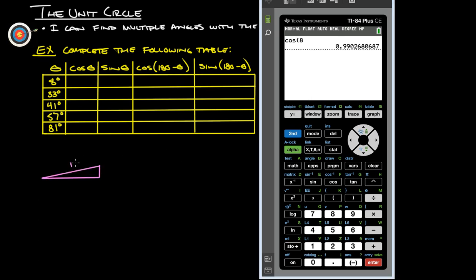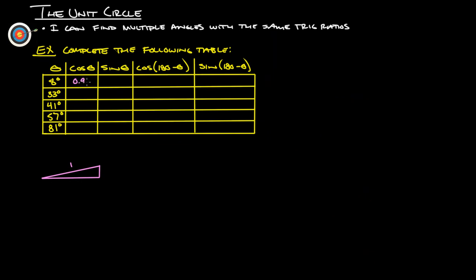Just so you can get an idea what's going on here, remember cosine from our angle, so this is our 8-degree angle right here. Cosine is adjacent over hypotenuse, so this length here to that one is 0.99. So that makes sense. This should be really long, and this one's going to be really short. Okay, so we get 0.99.